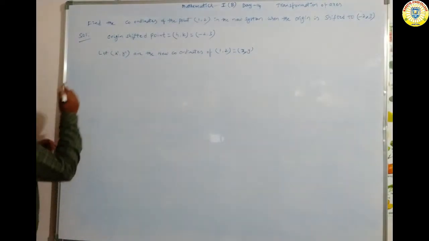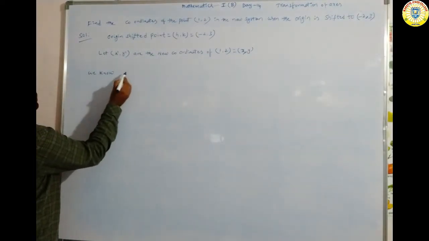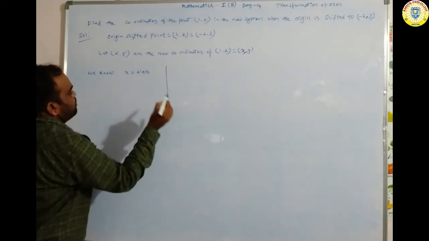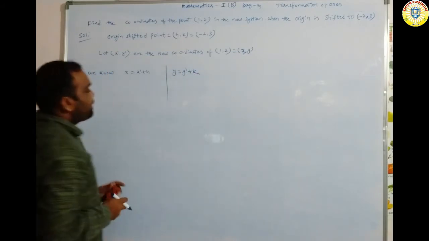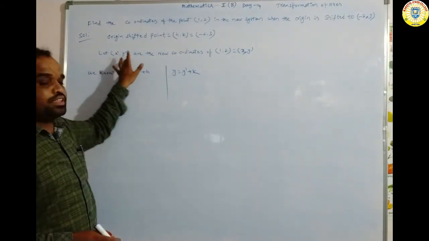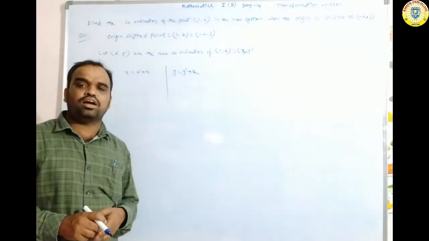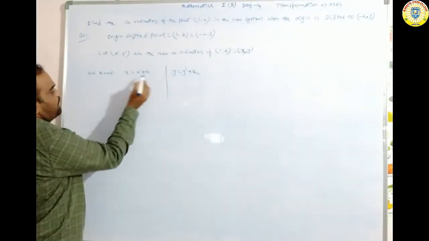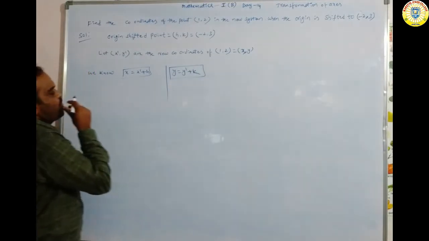We know that x = x' + h, y = y' + k. But here x', y' values are required. So by using this relation, we can write the x' value and y' value.